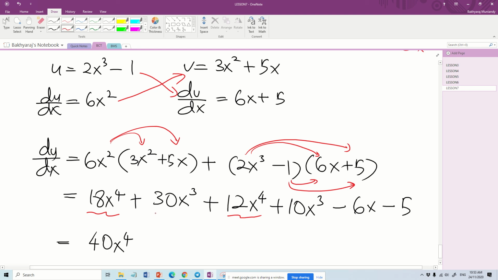Okay, so yang ini kalau kita tengok ini x power of 3 dengan yang ini x power of 3. Okay, ini pun dia sama. So plus this, you get plus 40x power of 3 and then minus 6x minus 5.